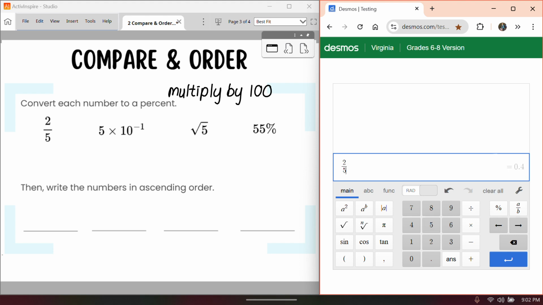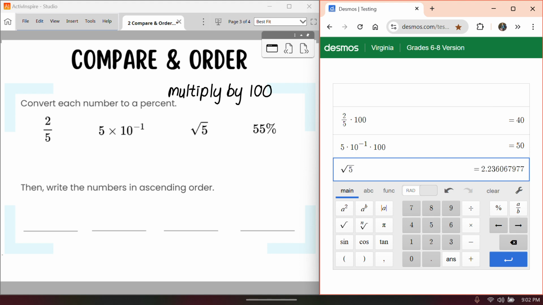So I have 2/5 times 100, 5 times 10 to the negative first power times 100, the square root of 5 times 100, but make sure the times 100 is outside of the radical sign, not underneath.